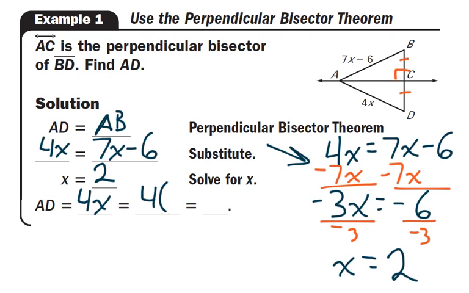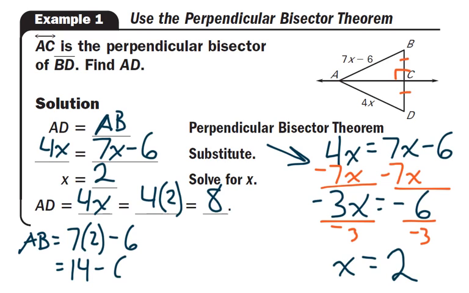That is 4 times 2. That is 8. And again, we can check our work here. Figure out how long AB is. 7 times 2 minus 6. 14 minus 6 is 8. It works. So, how long is AD? AD is 8 units long.